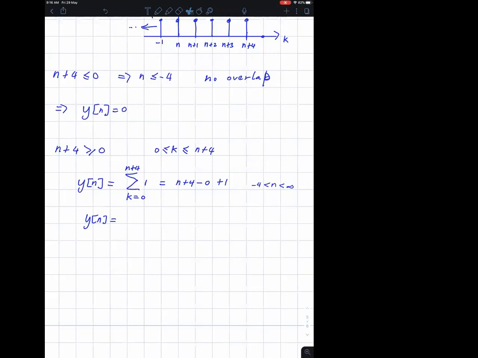Yn is going to be n plus 4 minus, so it's going to be n plus 5.